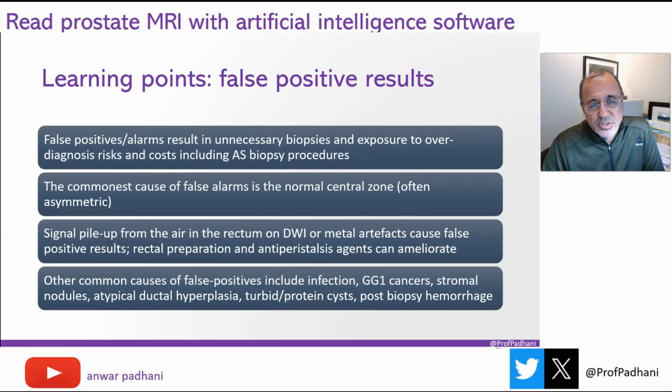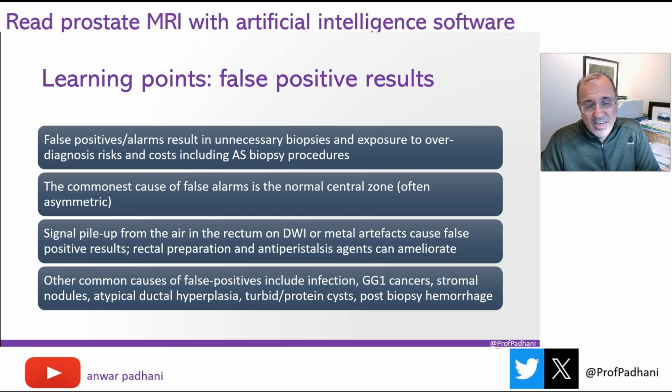So the learning points regarding false positives is that false positives or false alarms can result in unnecessary biopsies, exposure to the risks of overdiagnosis, and the costs of active surveillance procedures should something be found. The most common cause for false positives is the central zone, which can sometimes be asymmetric, signal pileup from air from the rectum, or even metal artifacts can cause false positive results.